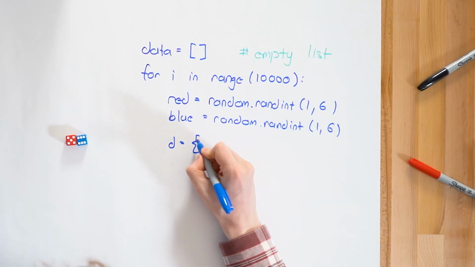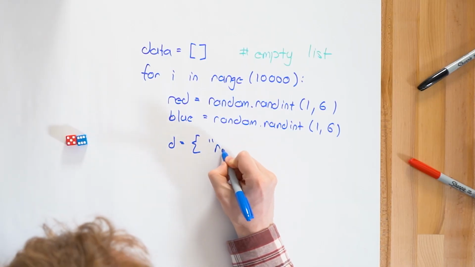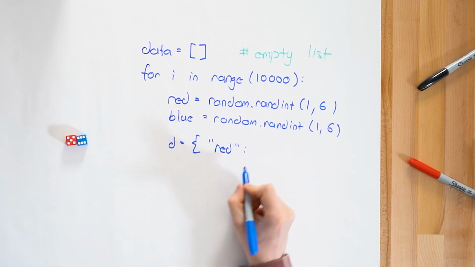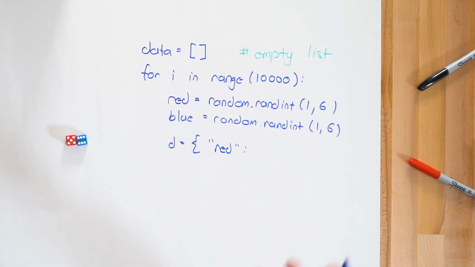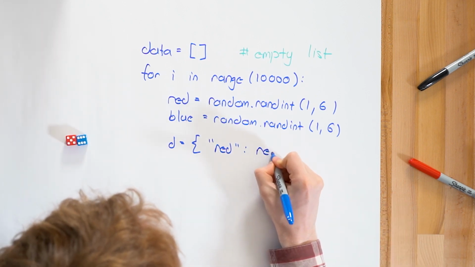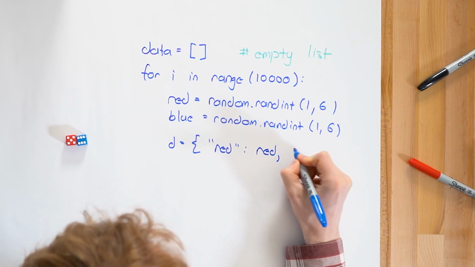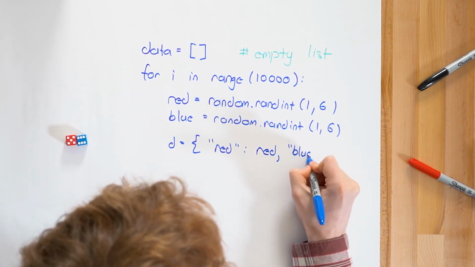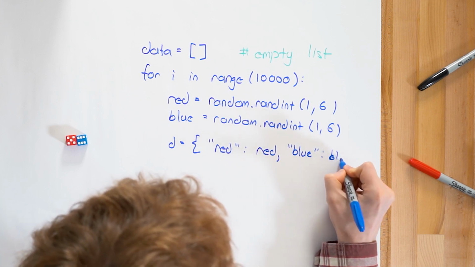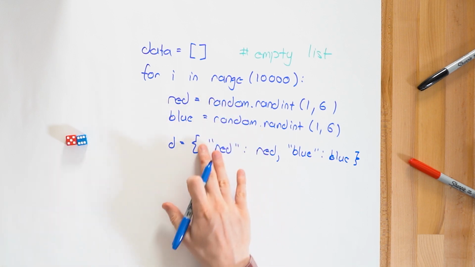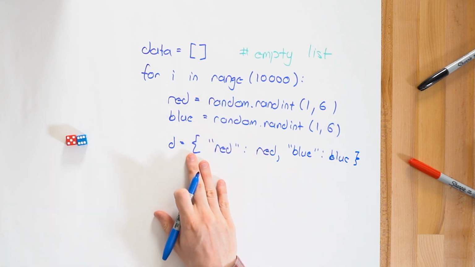Inside of quotes, we're going to say the dictionary entry for red, and a colon is assigning the value in a dictionary. So red is going to be assigned the variable red. And then comma, because we need to separate all dictionary entries with a comma, blue is going to be assigned the variable blue. Then we'll close the curly brace. So this collects the red roll and the blue roll into a single entry.